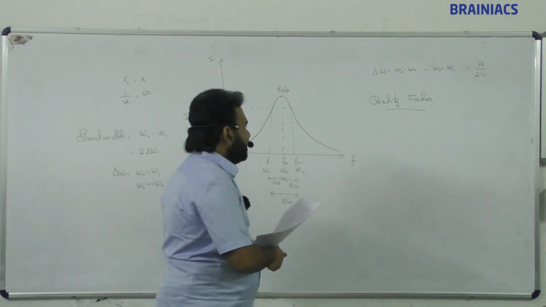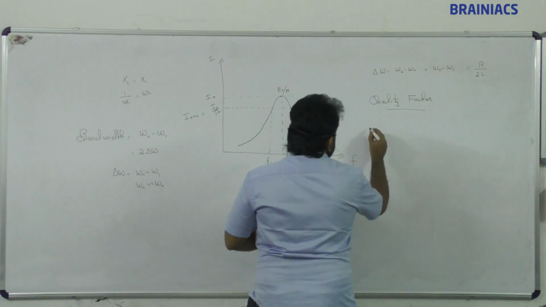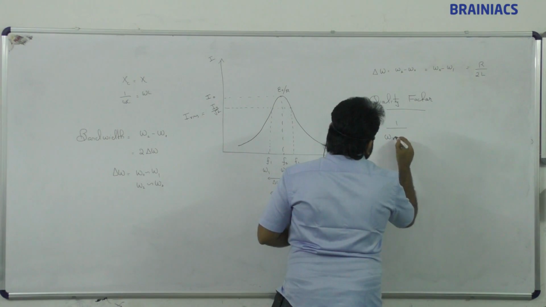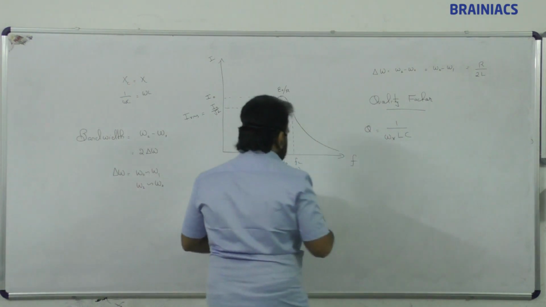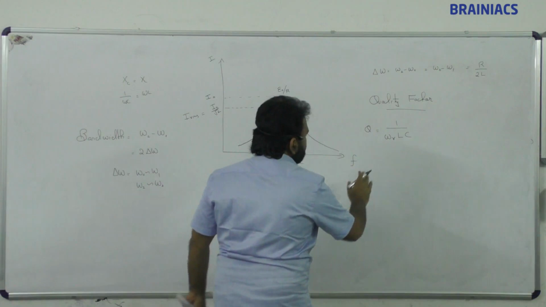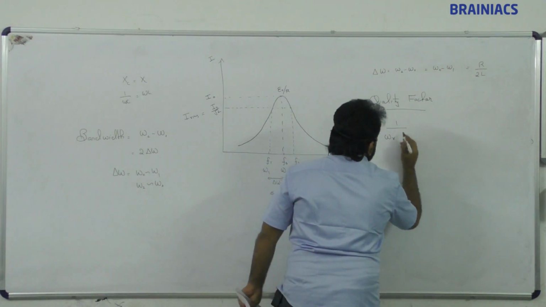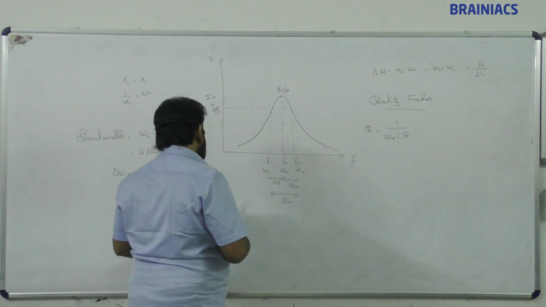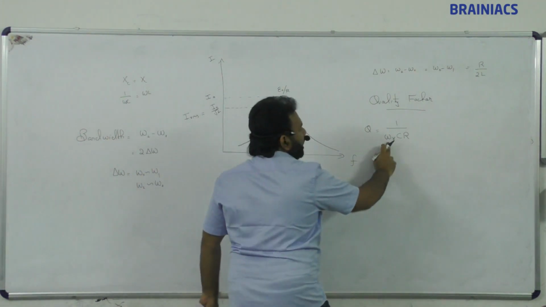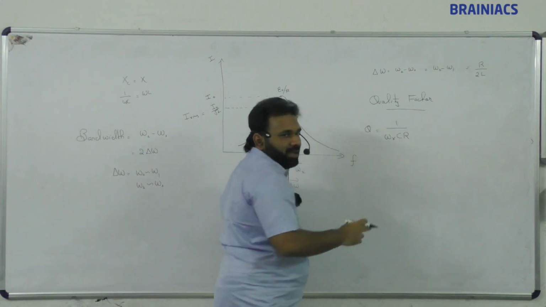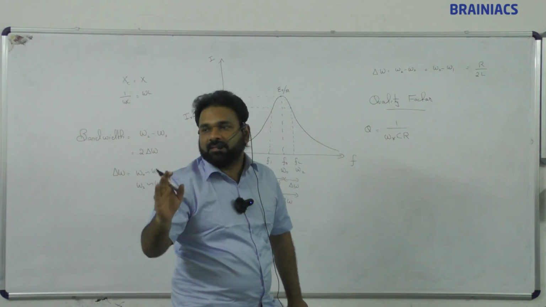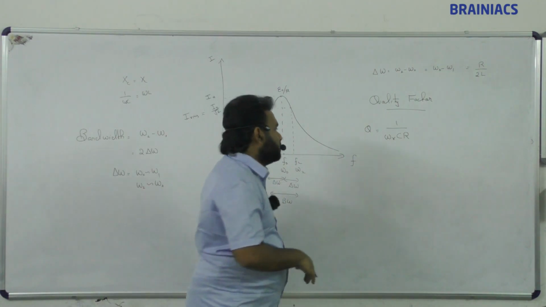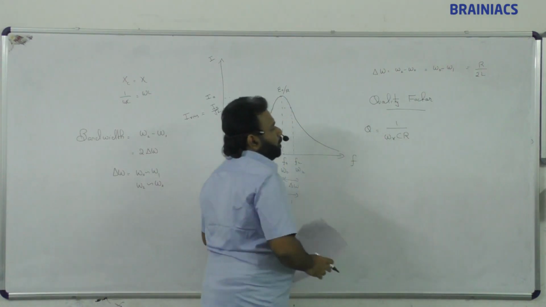carefully, that is enough. So the quality factor Q is equal to 1 by omega R into, not LC, CR. Okay, this is one formula. Omega C, 1 by omega C is the capacitive reactance, so it comes like that.